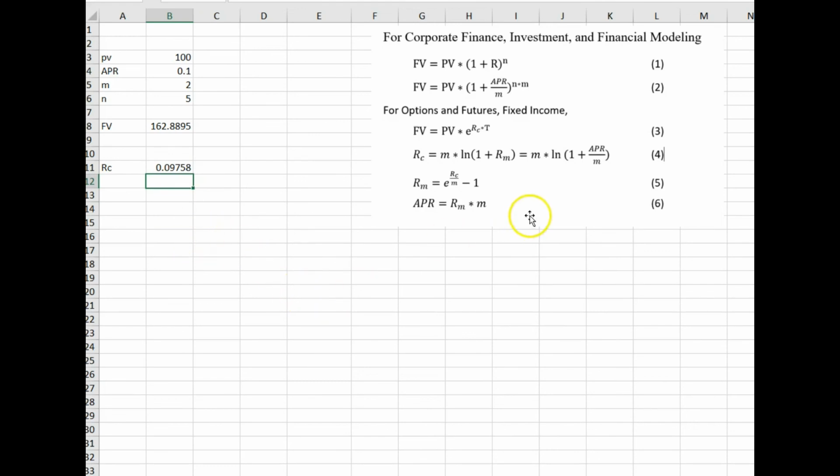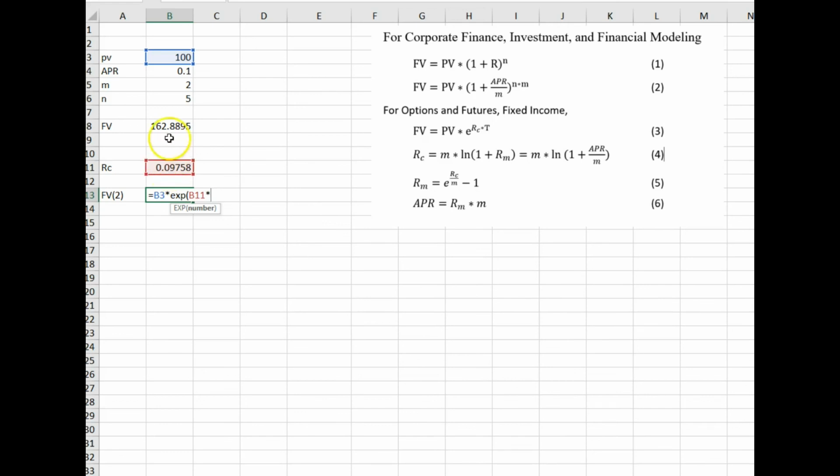So let's apply the formula. Equation number 3, we calculate the future value by using the continuous compounding rate. We call this future value 2, which simply equals present value times exponential of the continuous compounding rate times t.